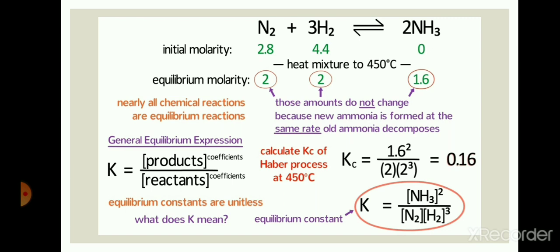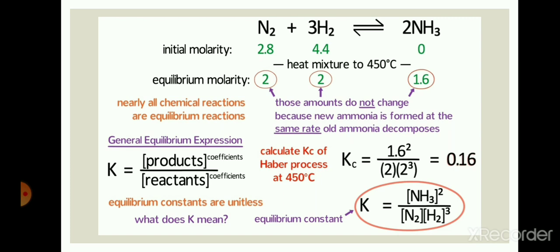Interestingly enough, equilibrium constants are unitless because the concentration values we use in the calculations are all relative to the standard concentration, that is, relative to 1 mole per liter.